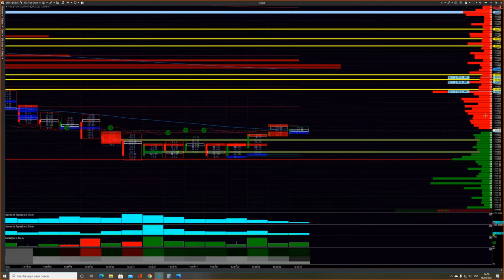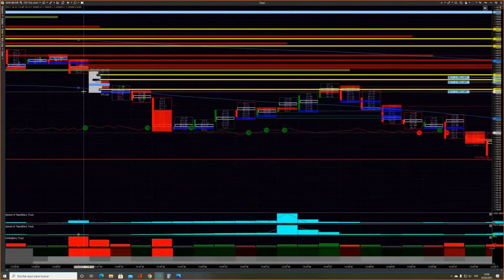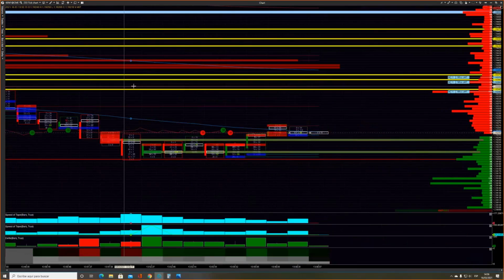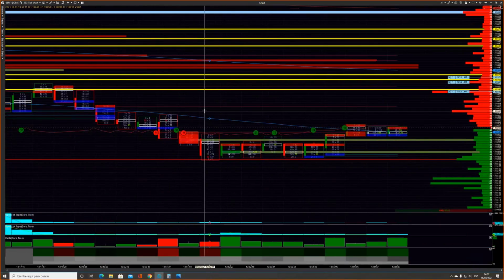But we can see how the prices are still in the same range. Let's see if we can break. We're hoping to get at least one entry here. Getting close.